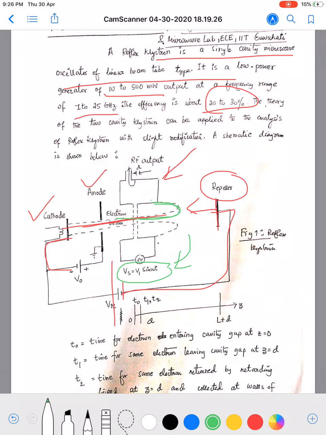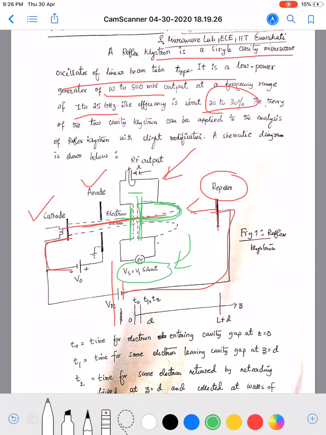That is the idea of oscillation in the reflex klystron. So see, T0 is the time when the electron is at the left plane of the grid. This is the grid, a perforated electrode, and T1 is the time when it crosses the grid. This distance is d, and then it goes toward the repeller. Unable to reach the repeller because of the repulsion of the negative potential, it comes back to the resonant cavity.